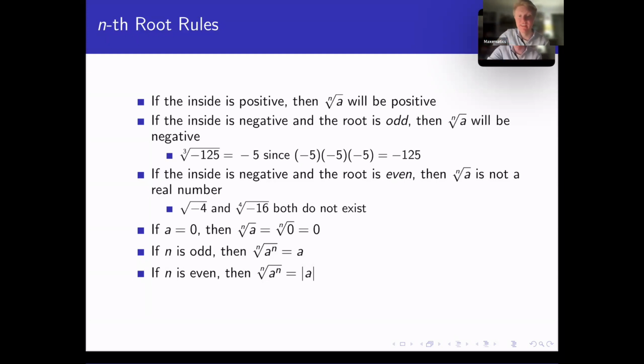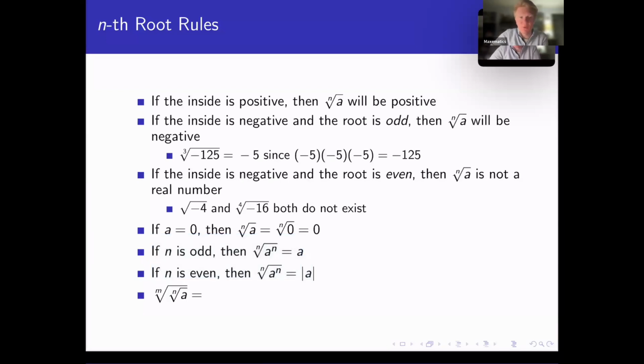So this is really important. Even roots and odd roots are completely different questions. They share some similarities, but on the whole, some things are okay in odd roots and not okay in even roots. So please be very careful when you're evaluating these things.